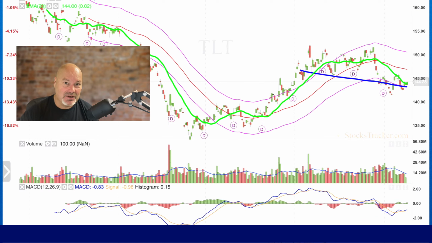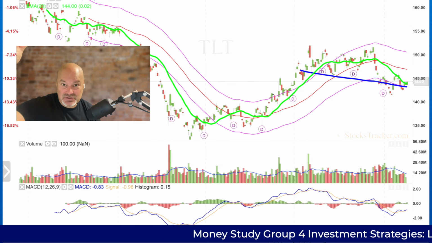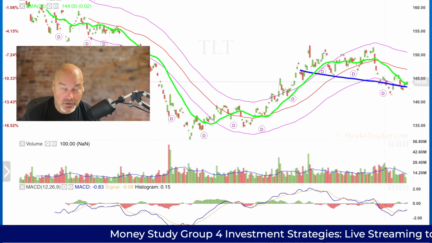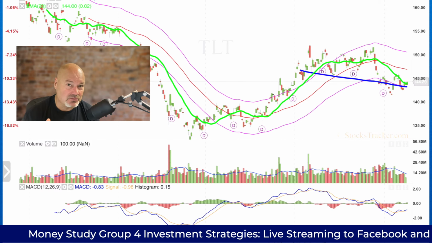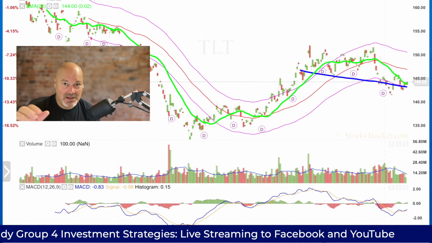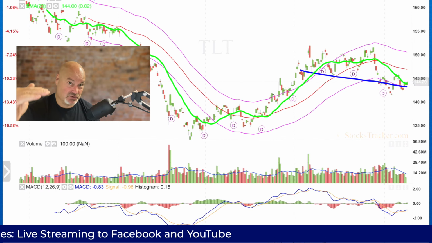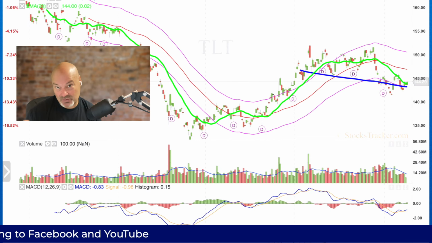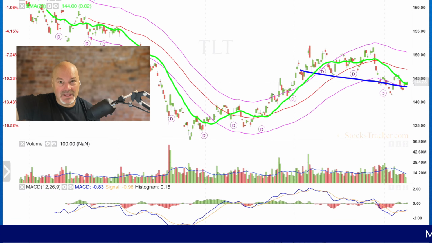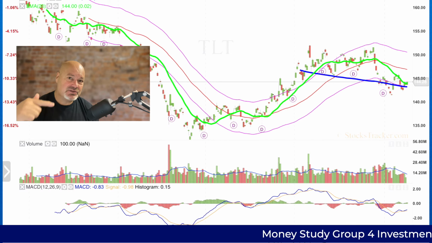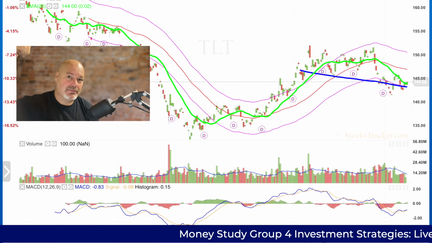And what has happened is the United States, the Federal Reserve, has worked really hard to keep interest rates really, really low. And what happens when interest rates are low? Remember, the value of a bond is inversely related to the interest rate. So if interest rates are super low, what happens to the value of the bond? It goes up. Interest rates low, bond value high. What happens then if interest rates start to go up?